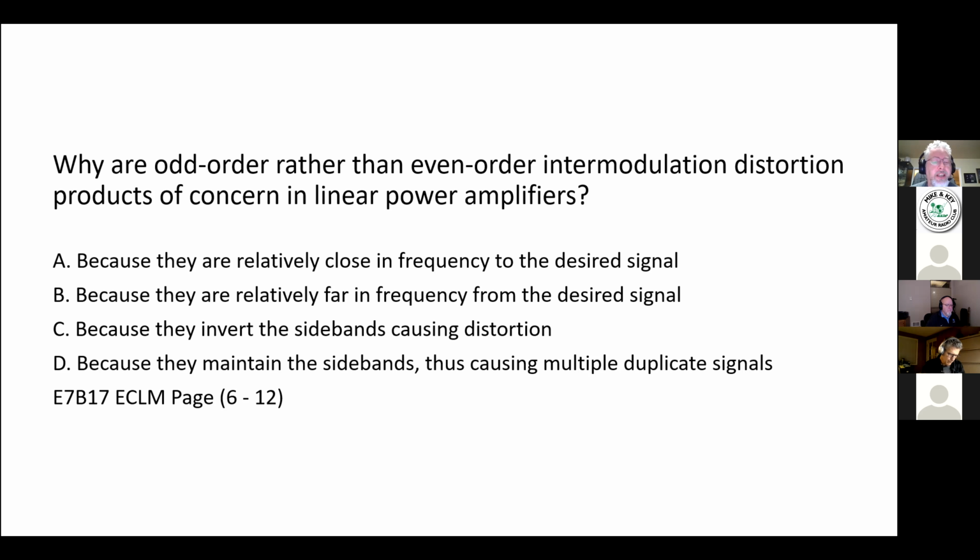C, because they invert the sidebands causing distortion. Or D, because they maintain the sidebands, thus causing multiple duplicate signals. Alpha is correct, because they are relatively close in frequency to the desired signal.